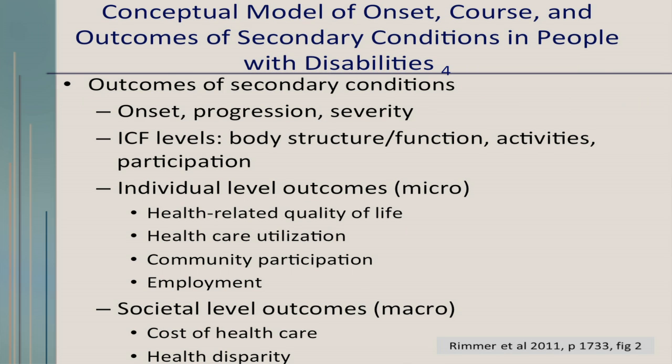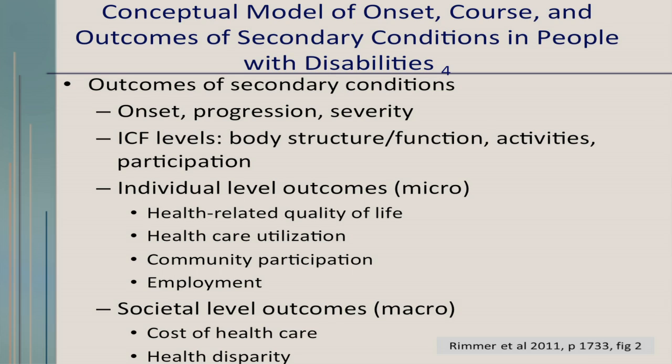So when we look at outcomes of secondary conditions, and if we continue to look at the article by Rimmer and continue to look at the bottom of Figure 2, we can see that he presents the onset, progression, and severity of the outcome of the secondary condition. We need to also look at things using the ICF model from the body structure and function level, the activity level, and the participation level.